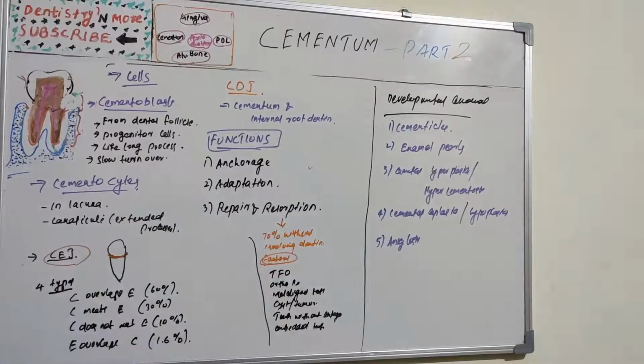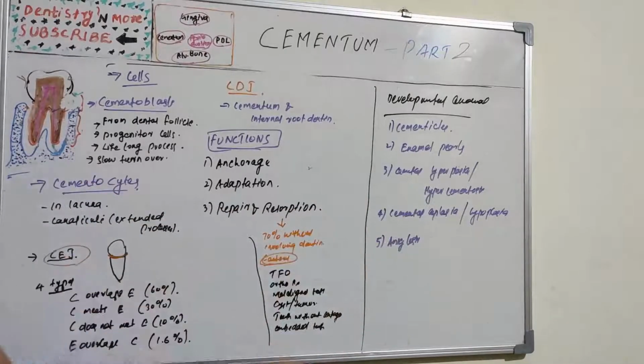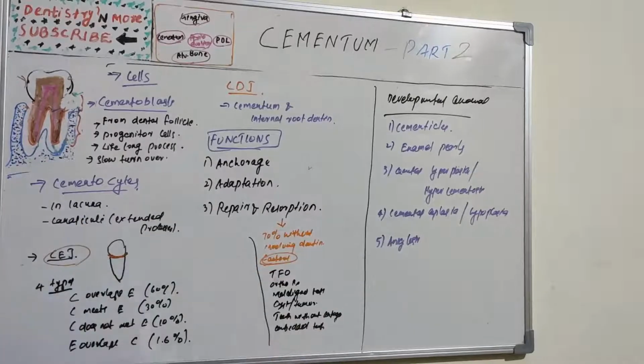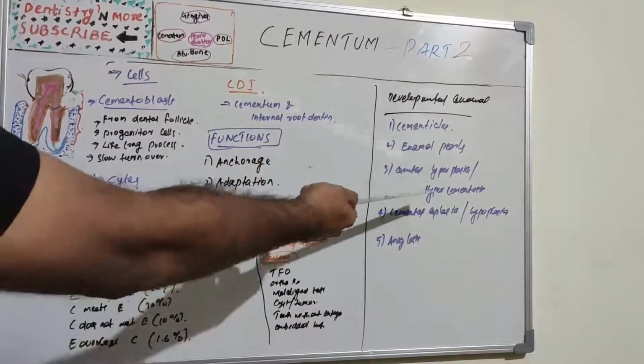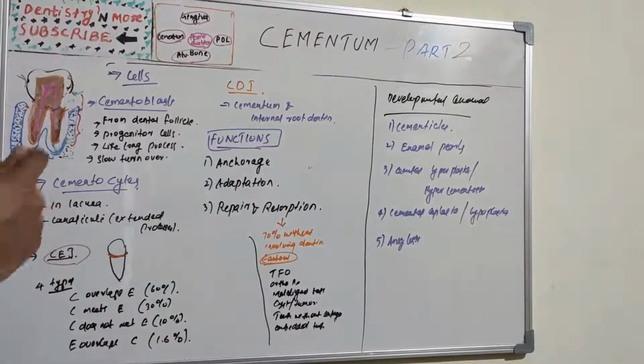I told you what hyperplasia and hypertrophy are. Cemental hyperplasia or hypercementosis, cemental aplasia or hypoplasia, that is hypophosphatasia, and ankylosis. These are short notes, like cemento-enamel junction is a short note.